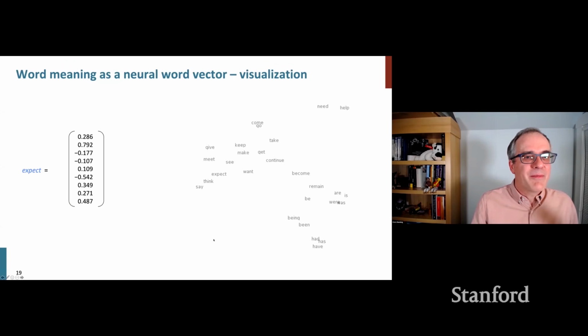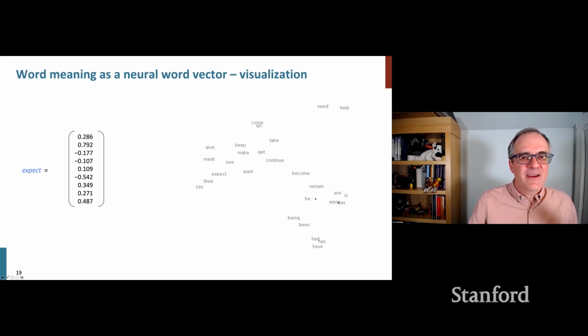If we go to another part of the space, we can see different kinds of words. So here are verbs, and we have ones like come and go that are very similar. Saying and thinking words, say, think, expect, are kind of similar, and nearby. Over in the bottom right, we have verbal auxiliaries and copulas, so have, had, has, forms of the verb to be.